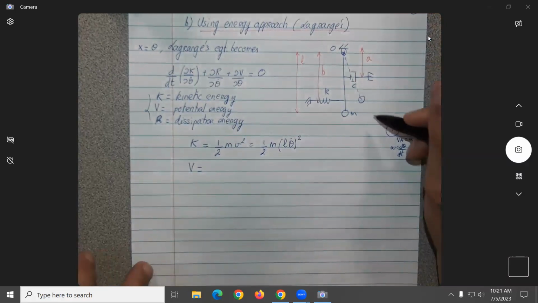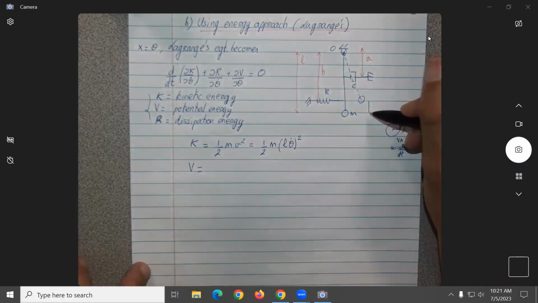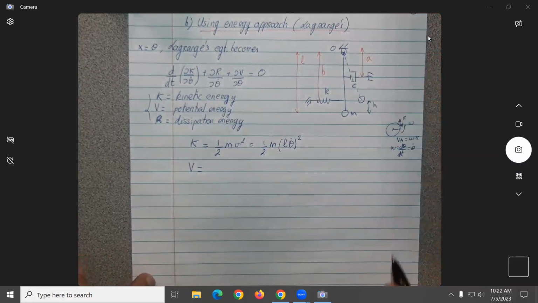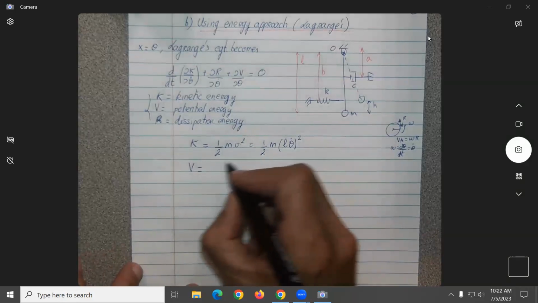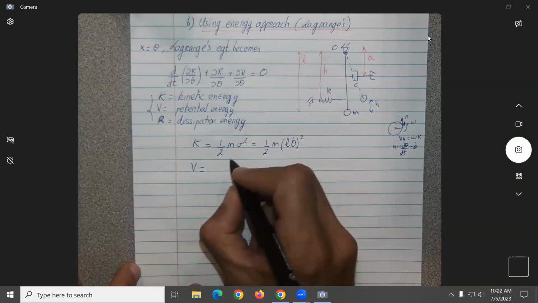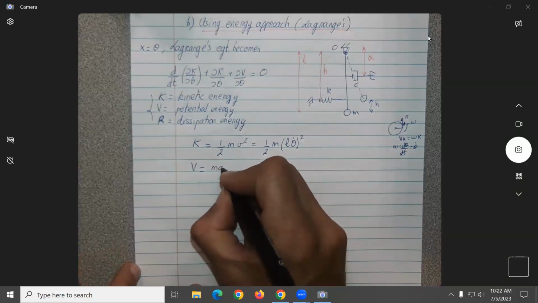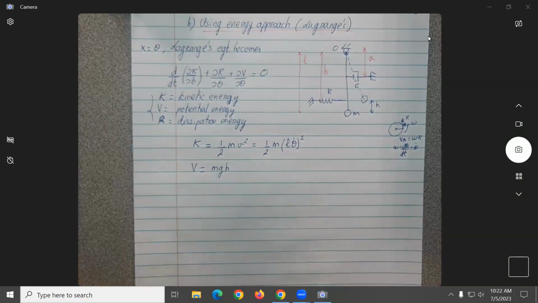We need to look at the change in height, no? So if we look at the mass, this should give us what? So let's say it will be mgh. Now, if I do in general, then we find out what h is, no?